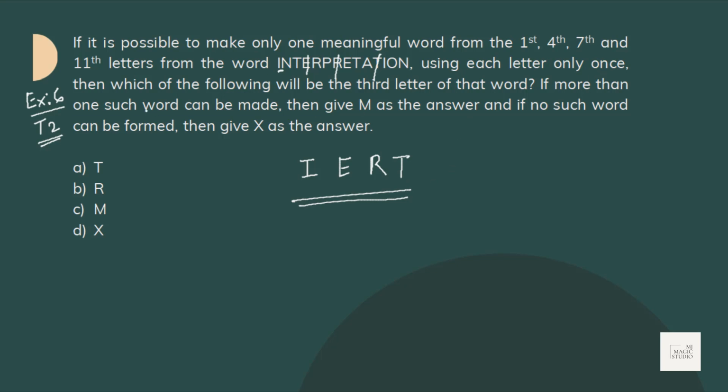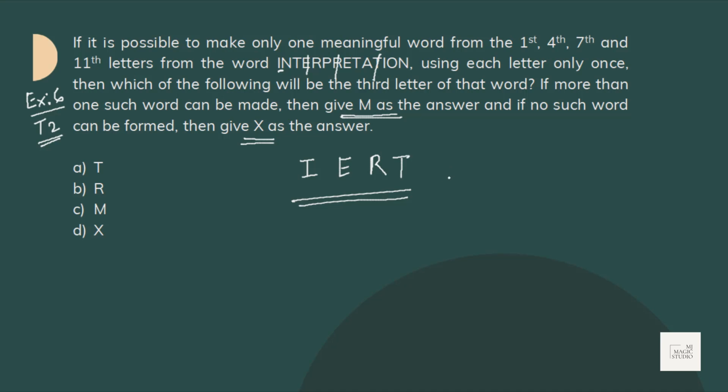Using each letter only once, which of the following will be the third letter of that word? If more than one such word can be made, then give M as the answer. And if no such word can be formed, give X as the answer.